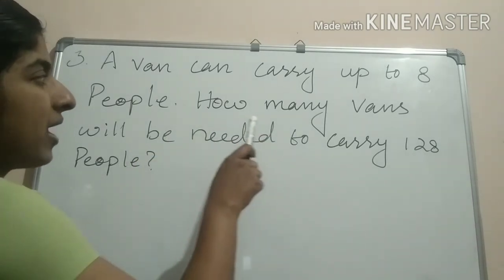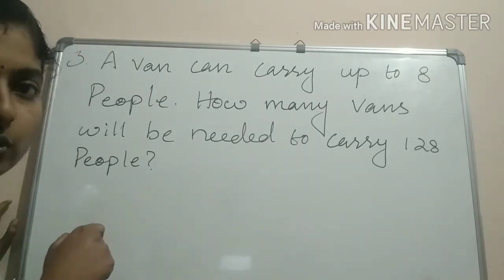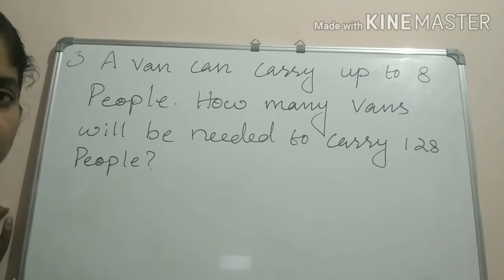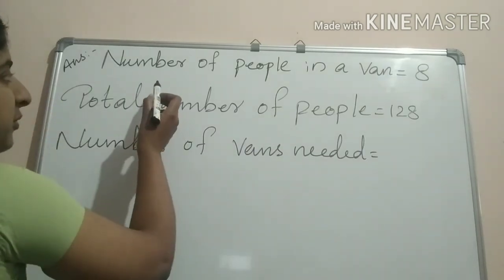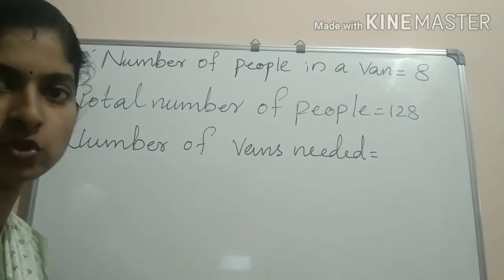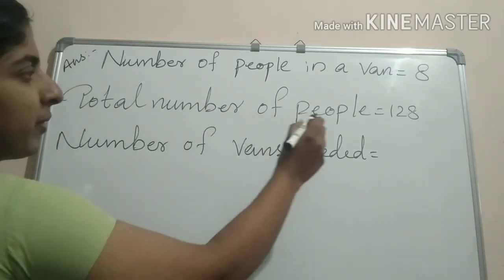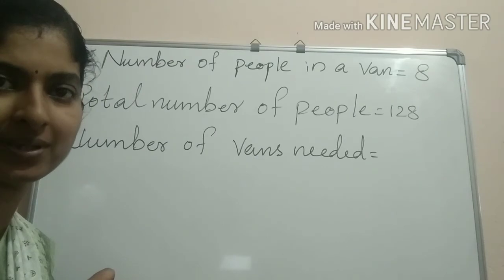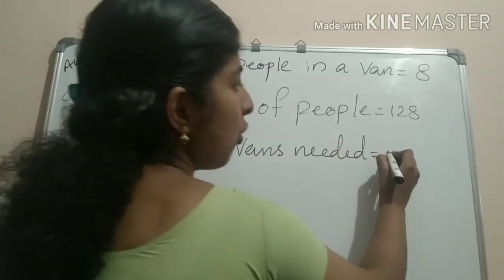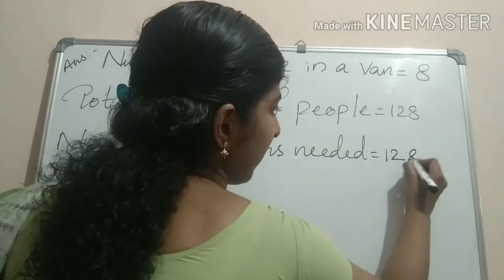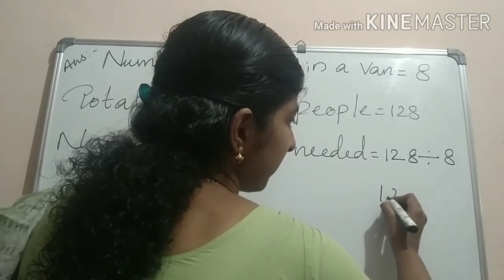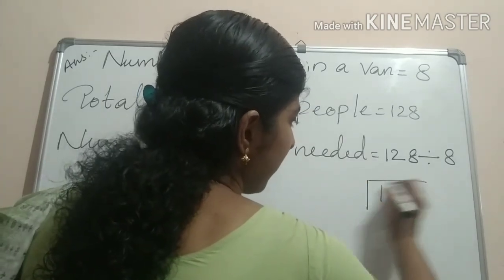The number of vans needed is equal to this 128 divided by 8. See the steps. The number of people in a van is equal to 8. Then the total number of people is equal to 128. Then the number of vans needed is equal to 128 divided by 8.